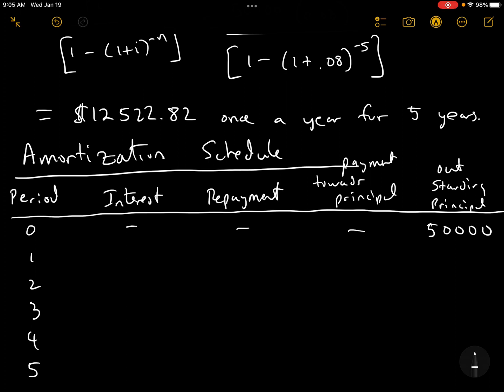All right, so at the end of the first year, you get hit with your interest. So the interest on $50,000, I'm going to use my trusty calculator here, times 0.08, and you get 4,000 bucks. In that first year, you got $50,000 to spend, and now you've been hit with the $4,000 interest at the end of the year. Okay, but then you pay $12,522.82.